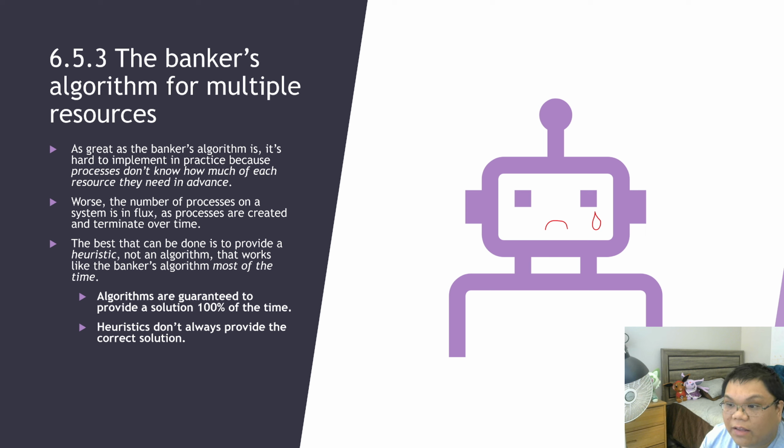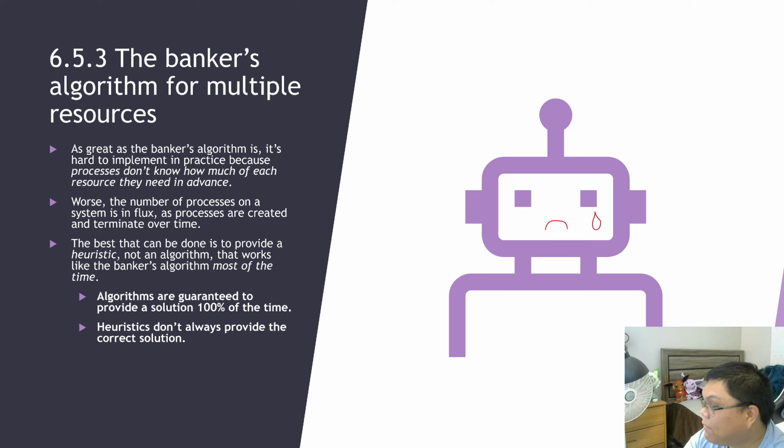And it gets worse than that. The number of processes on a system is in flux. Processes are created and terminated over time. So we can't use the banker's algorithm.